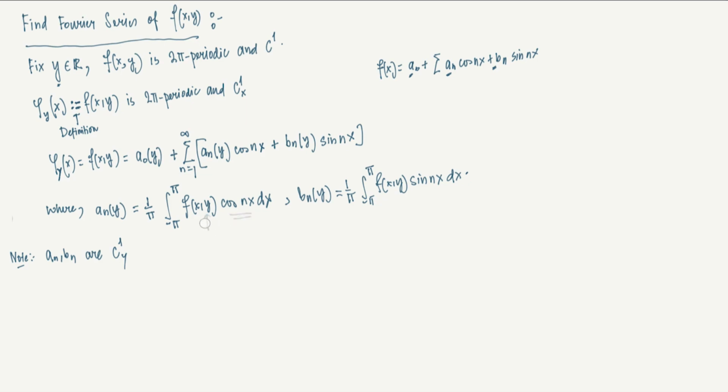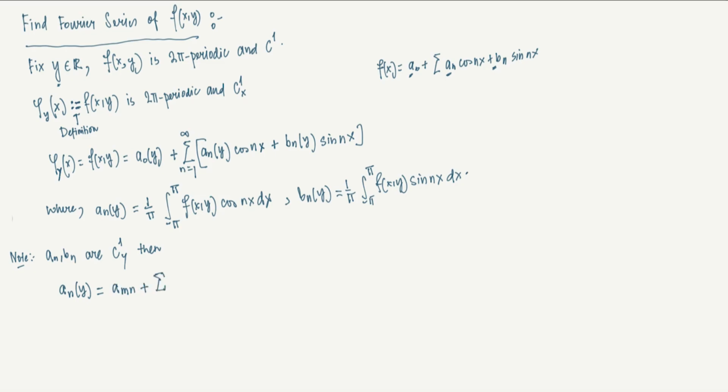You can think of it like this, okay. So with respect to x, what we can do is we can actually expand them. Yes, okay. So then, C1 function with respect to y. So we can write it as this: a_n of y is a_{0n}, okay, plus summation.